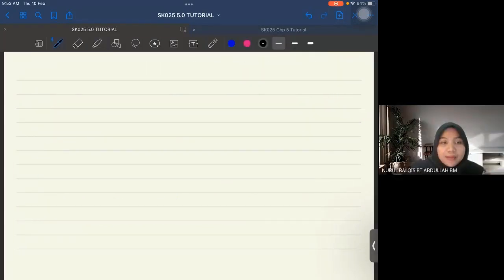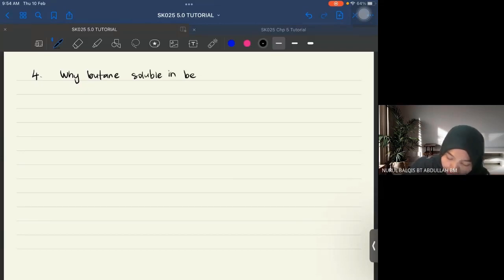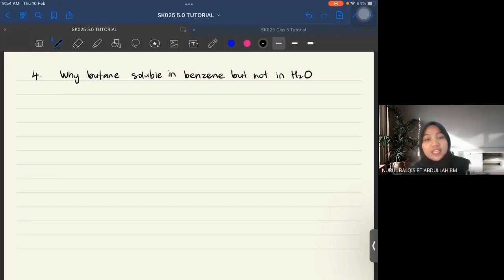Okay, soalan cakap explain why butane is soluble in benzene but not in water. Okay, so first, bila cakap pasal solubility, you have two types of solvent. One is non-polar solvent, one is polar solvent.